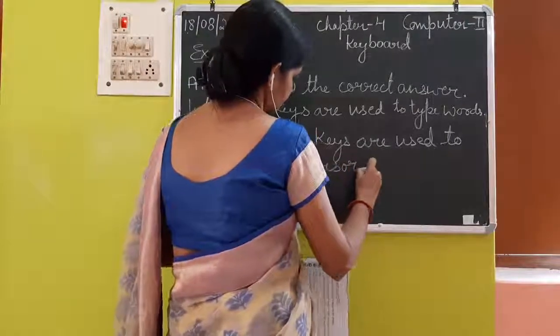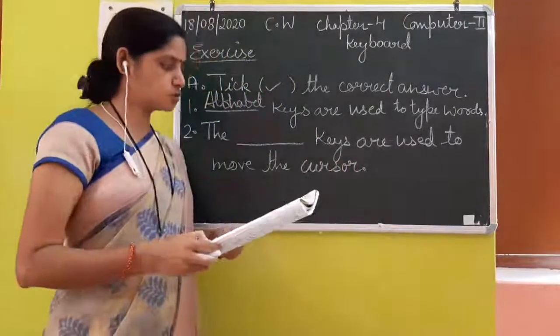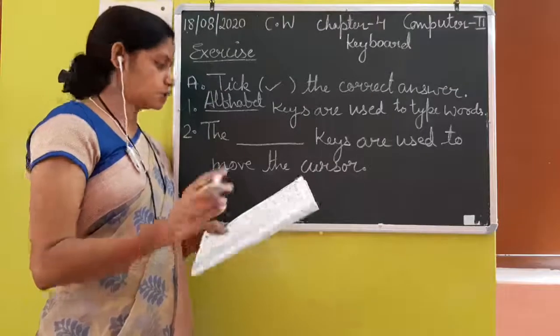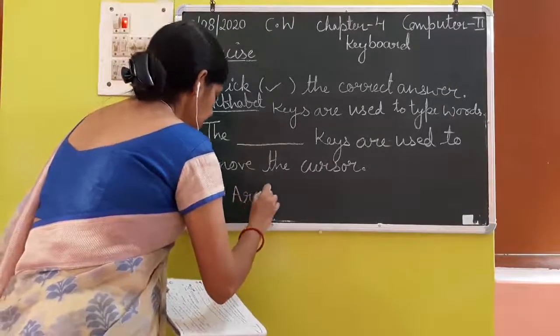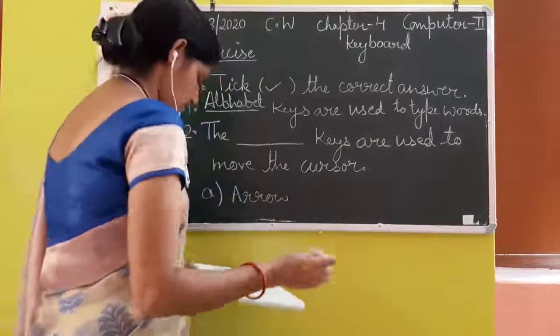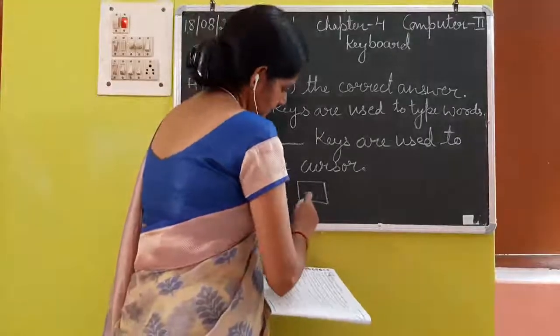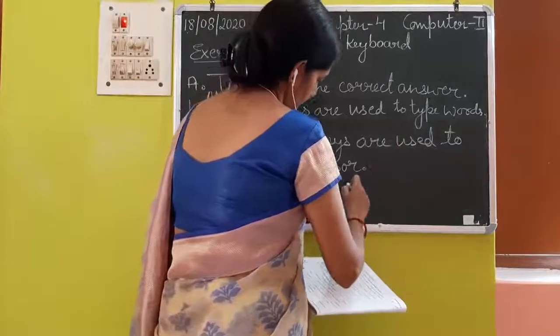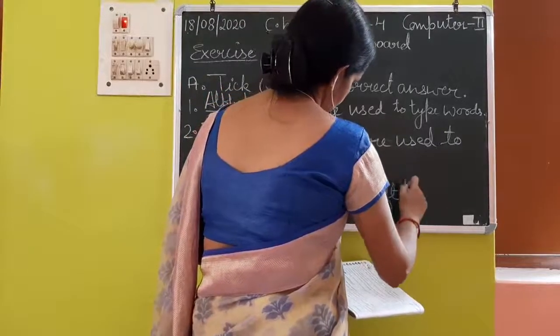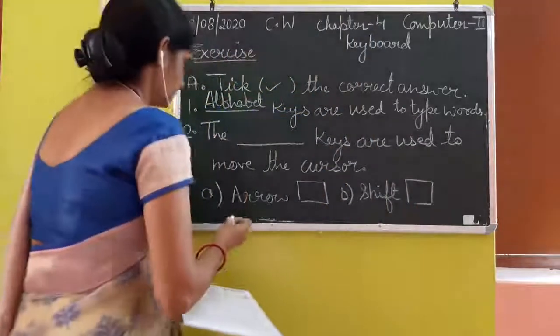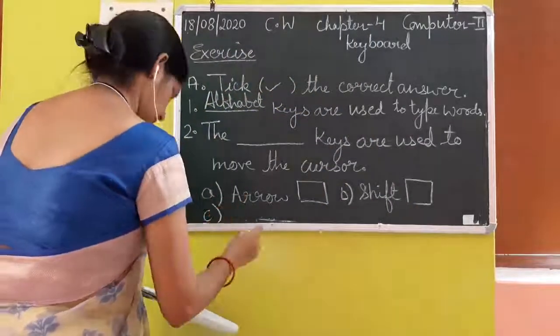So we have option A, arrow. Then we have B, shift. C, we have function keys.